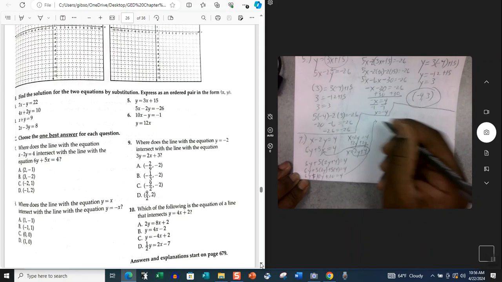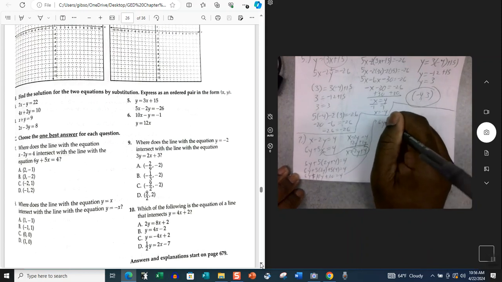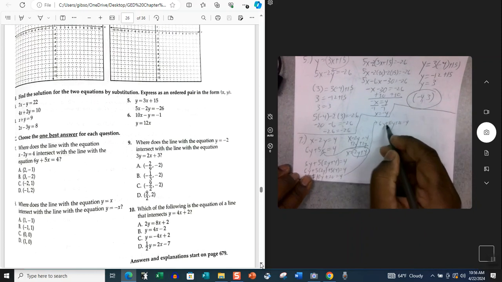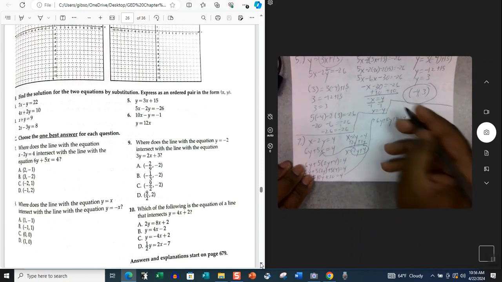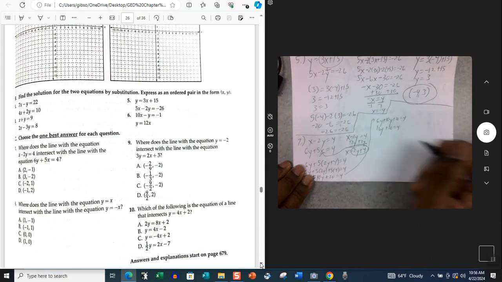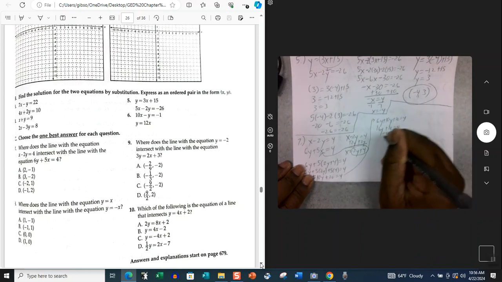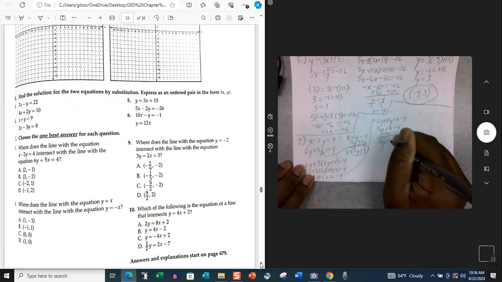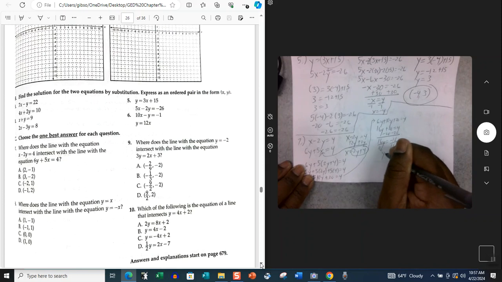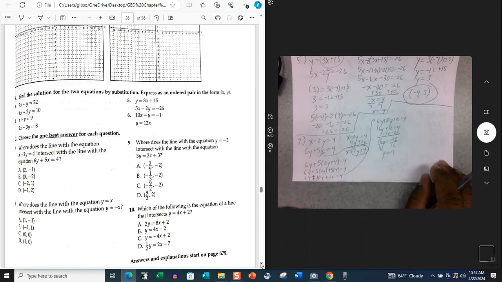Now, we're going to combine the like terms. 6y and 10y is 16y plus 20 equals 4. We'll subtract 20 on both sides, and 16y equals negative 16. Divide each side by 16, and y is negative 1.